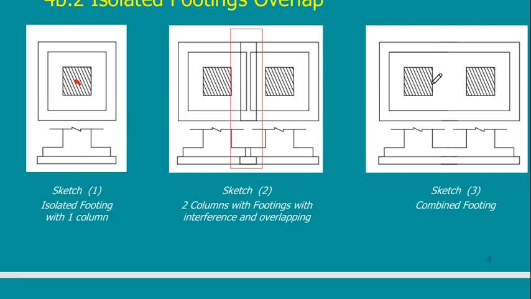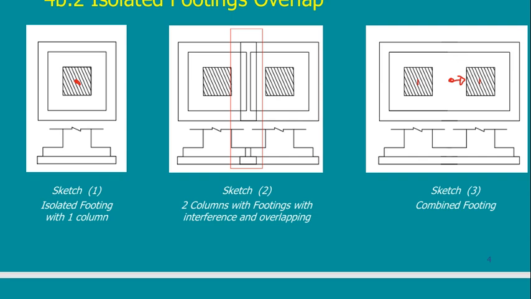If this column has the same load as this column, then the resultant of both columns is just in the mid distance between them. But if this column is bigger, then in this case my CG will be shifted toward the bigger load.